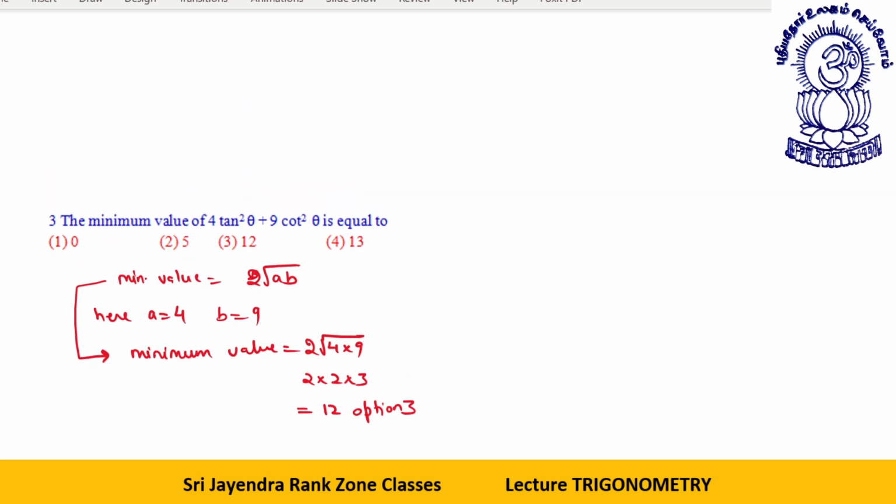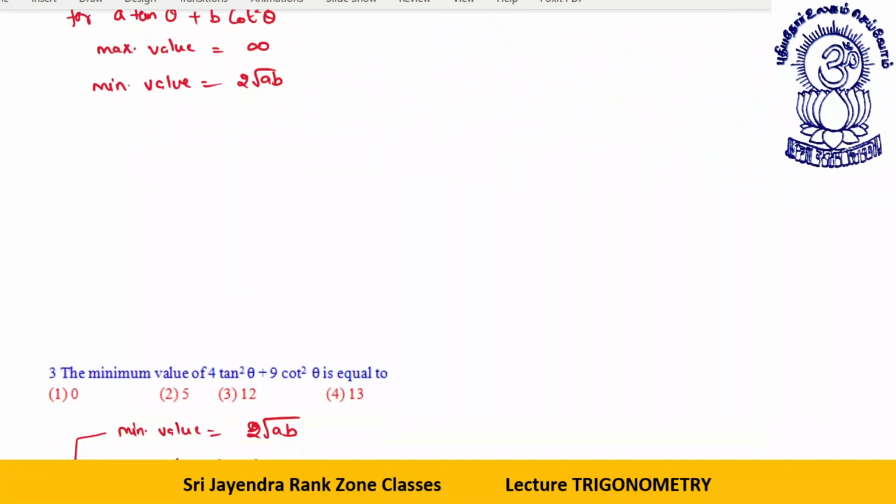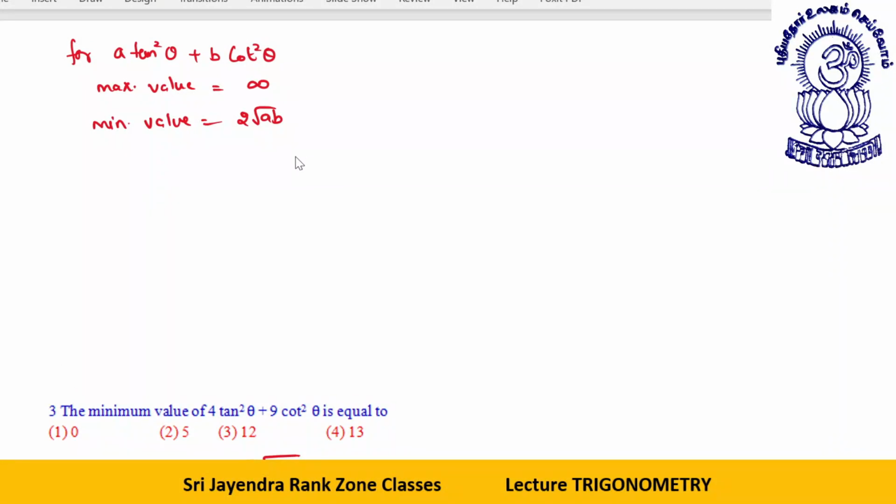Okay, next thing I can tell you is, suppose it is like A tan square theta plus B sec square theta. First of all, what will be the minimum value? The minimum value will be B plus 2 under root AB. How come? Let me show you.